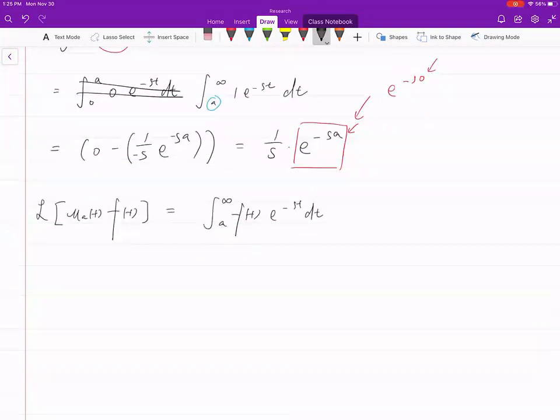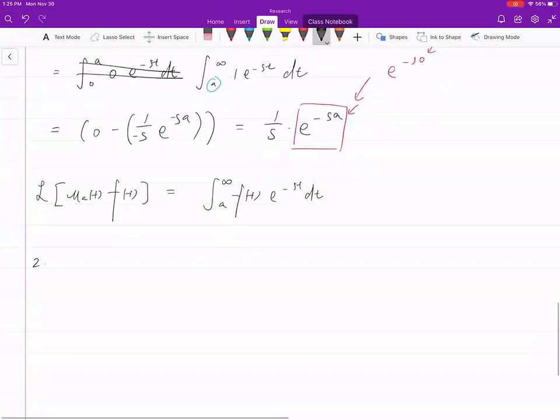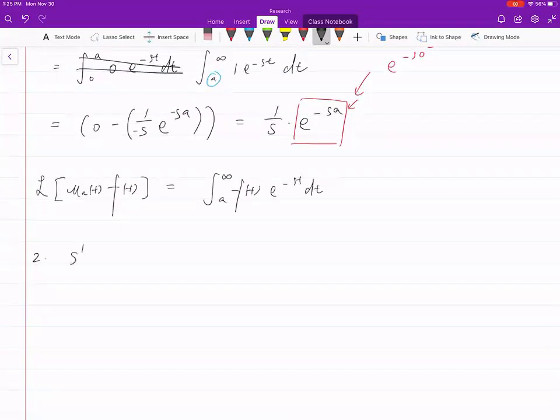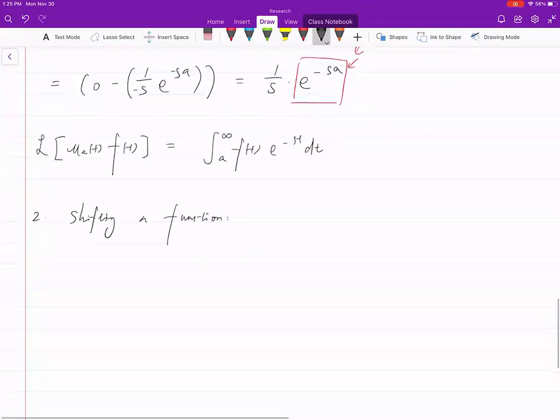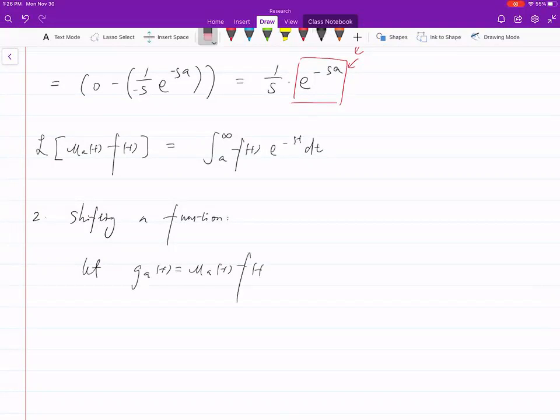So now, that's number 2. Shifting a function. And the answer is quite easy. Let GAT equal UAT times FT minus A.